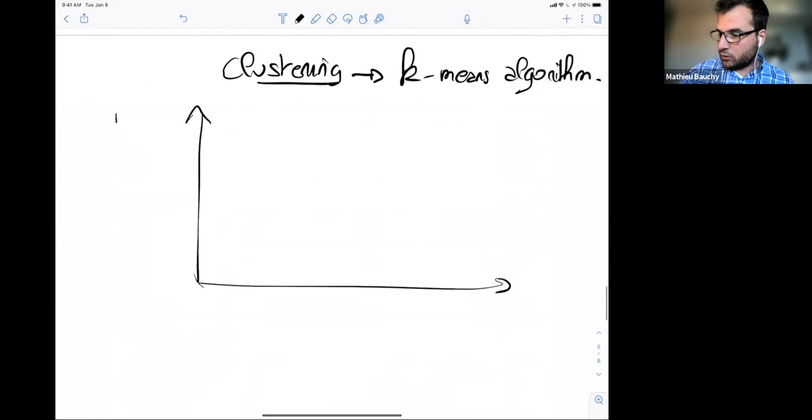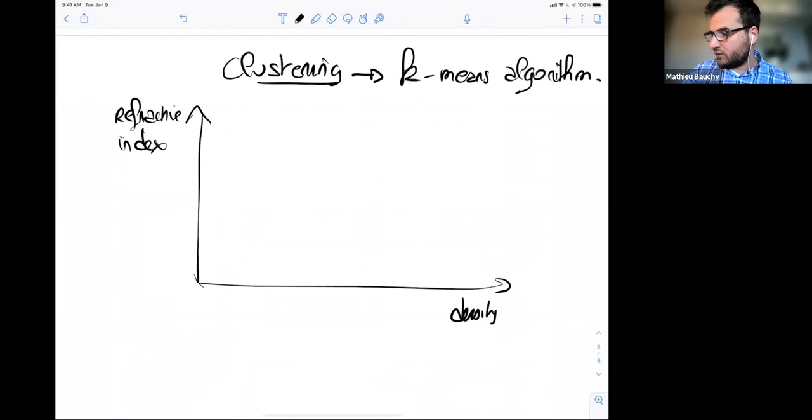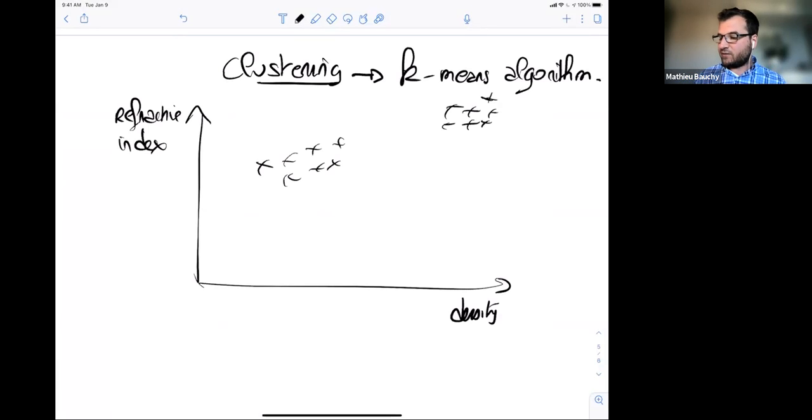And let's assume that you have the three groups that we discussed previously. Those are three groups of glasses that seem like they behave similarly to each other.